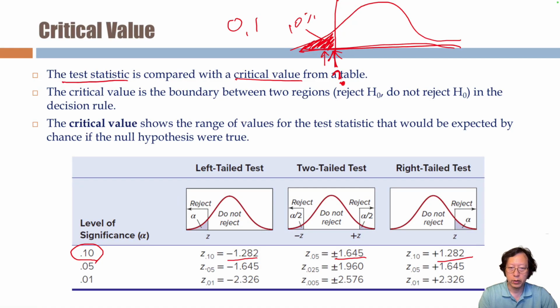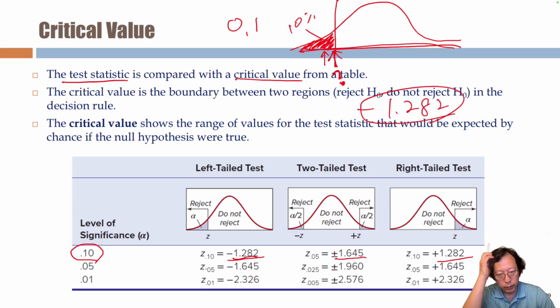So that's why it's minus 1.282. That is the critical point in terms of z-value. If the z-value is minus 1.282, the probability I can get a z-value smaller than minus 1.282 will be 10%.